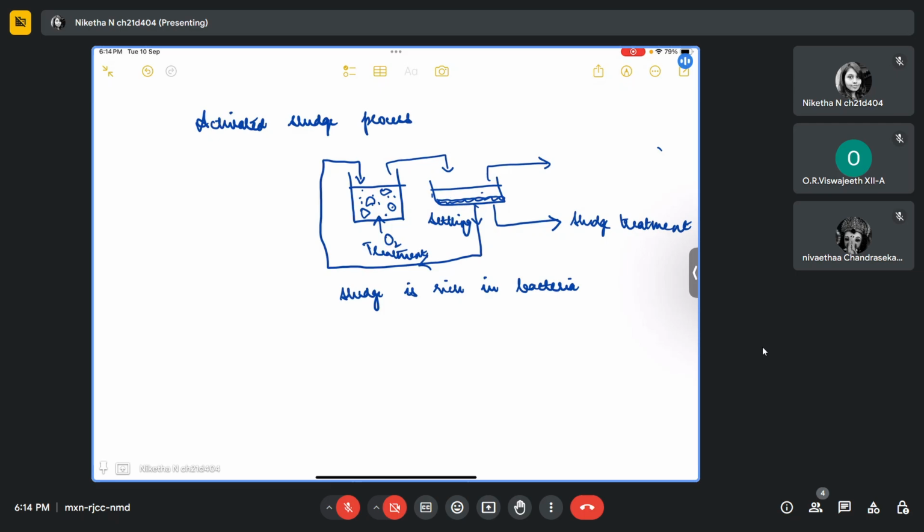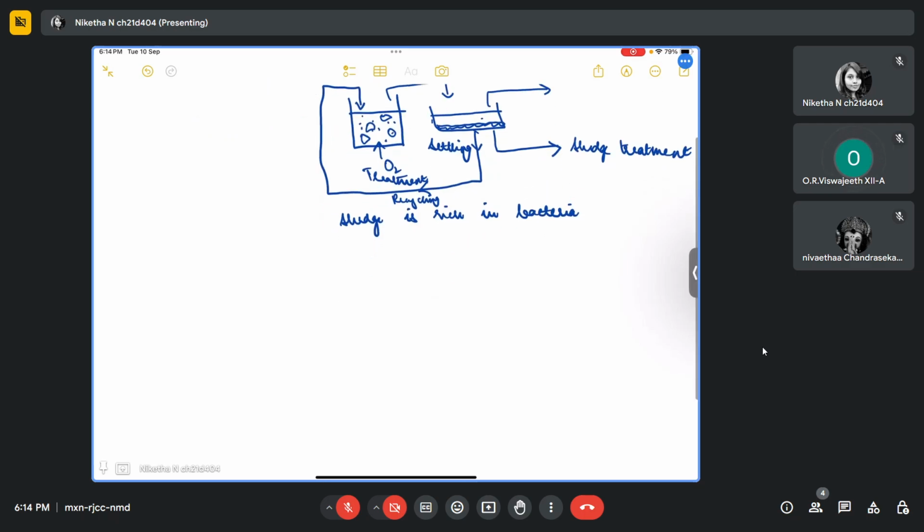Most of it will be taken for treatment, but a part of it, maybe 10-20%, will be taken for recycling. Now why? I understood. So we do this recycling to introduce the bacteria in the treatment tank, so that a sufficient quantity of bacteria is maintained.